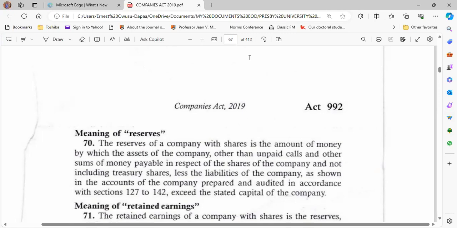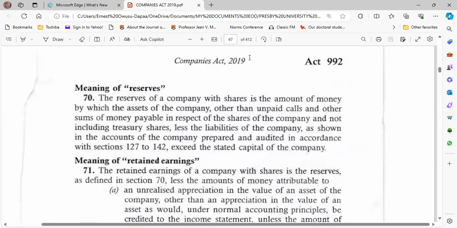Now, if you adjust the monies the company has received from the debts that the company is owing, the balance would, generally speaking, be what we call the reserves. So the income capital, if you like to put it in a very practical way, which the company has made from the shares that it has actually issued, and taking away the various liabilities of the company from that, what is left will be what we call the reserves of the company.